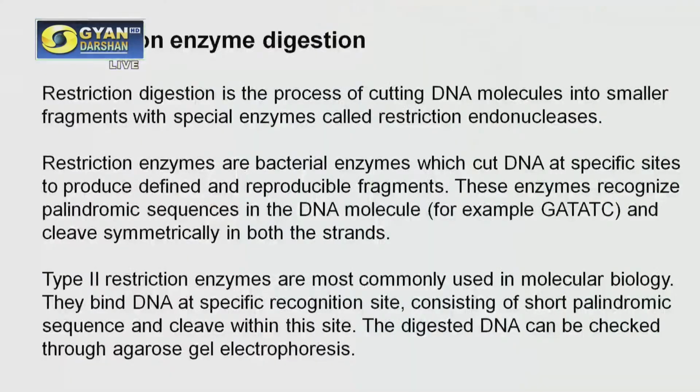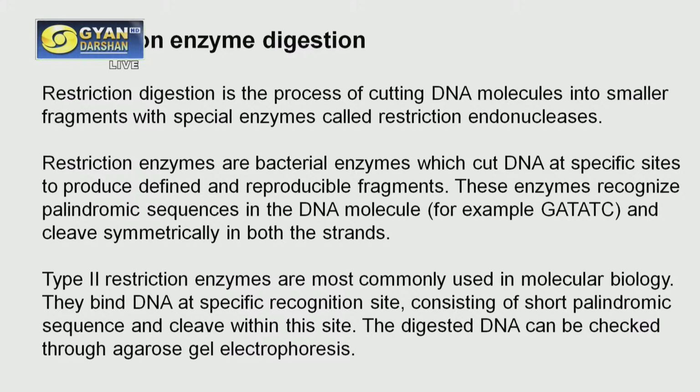Now, restriction enzymes are basically the enzymes which cut the DNA at some specific sites. They can be hexacutters, they can be tetracutters. Hexacutters means which can recognize a hexanucleotide sequence and cut at one specific nucleotide.